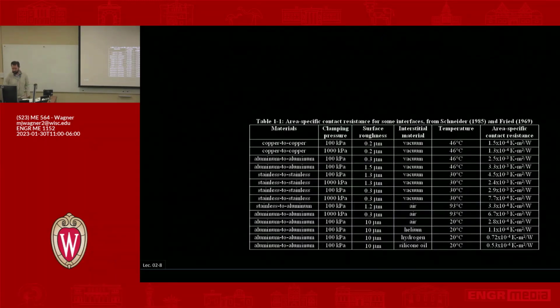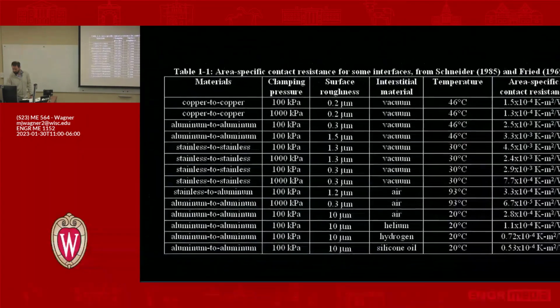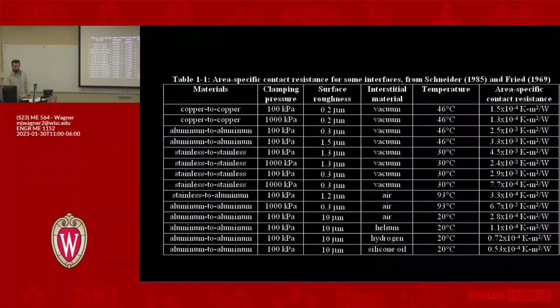I said you would get these types of things in a table. Let me zoom in here. There we go. So this would be for contact resistance. You'd say I've got these two materials: stainless on A and aluminum on B, and I know that the surface roughness is roughly 1.2 micron. They're in air, at this temperature.